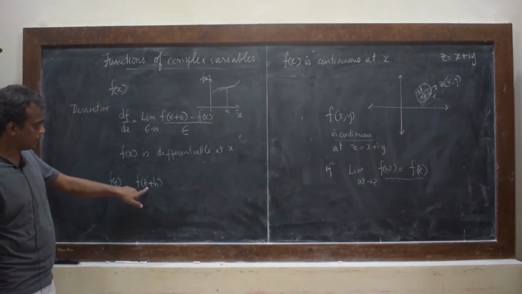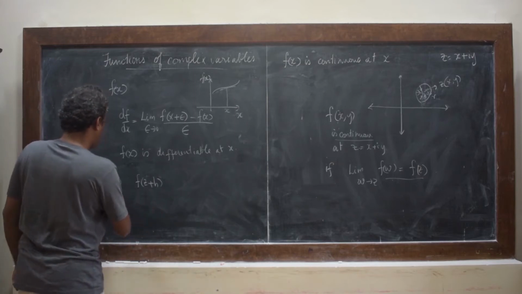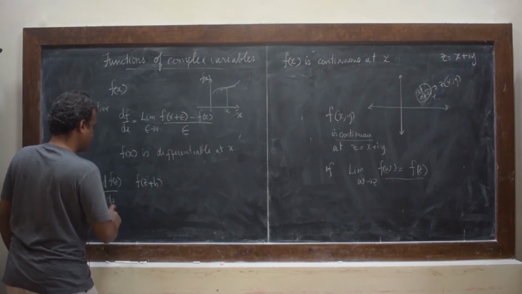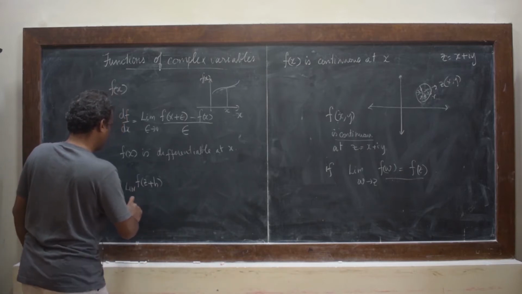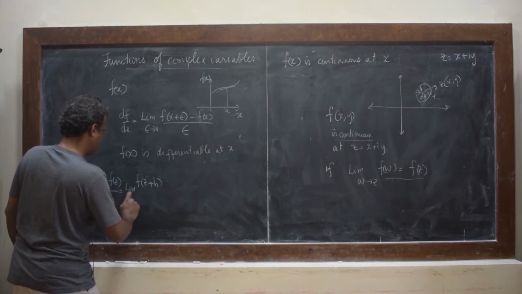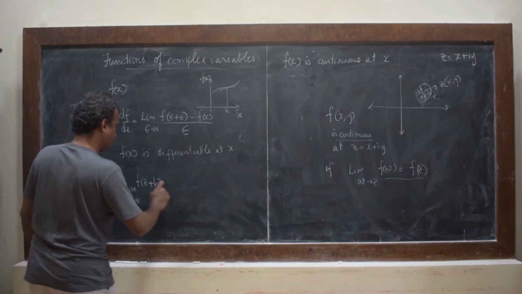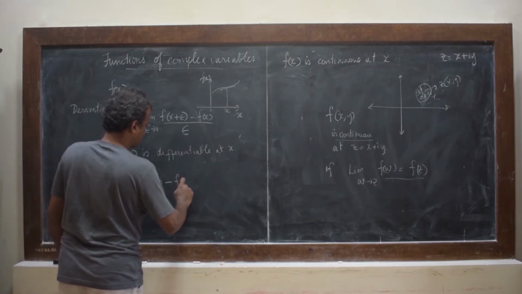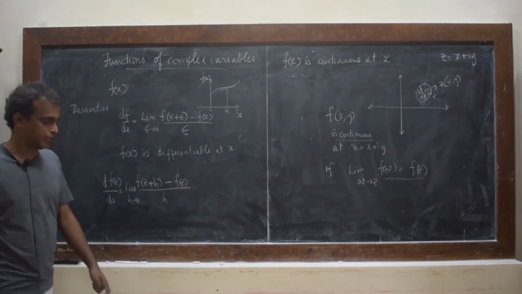It is a complex number represented with z plus h. Then the derivative of f of z with respect to z is defined as the limit h tends to 0 of the difference of f at z plus h with f at z, over h.